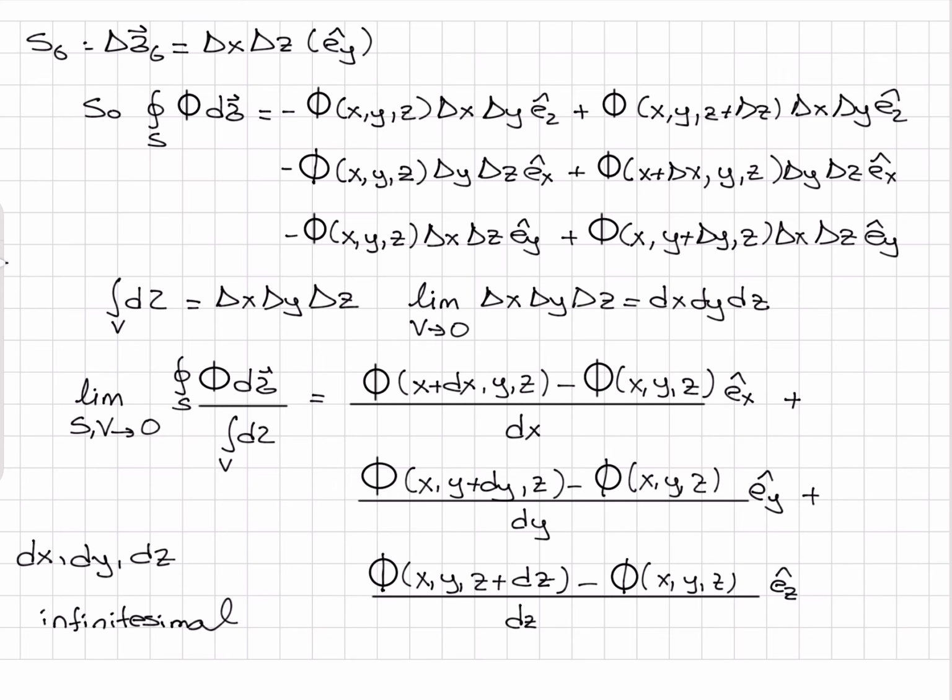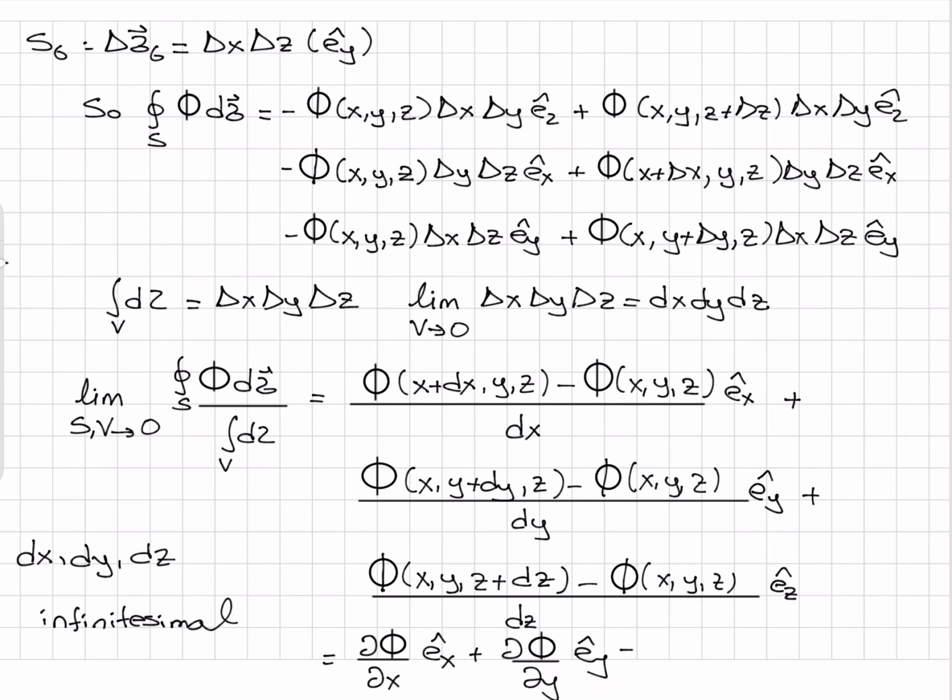Okay, so what do I see here? The first term is the derivative of phi with respect to x in the limit delta x goes to 0. So this is del phi del x ex hat. The second term is del phi del y ey hat.